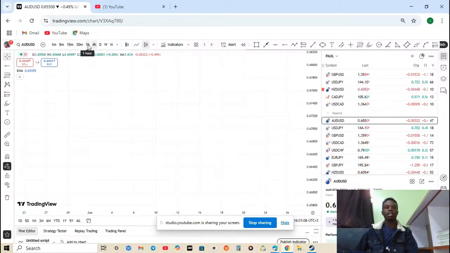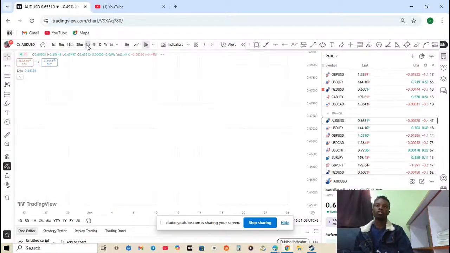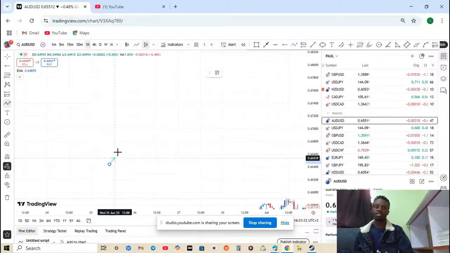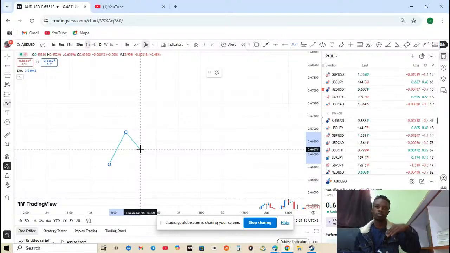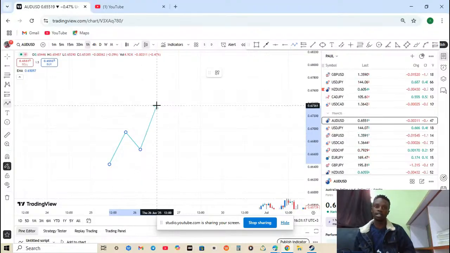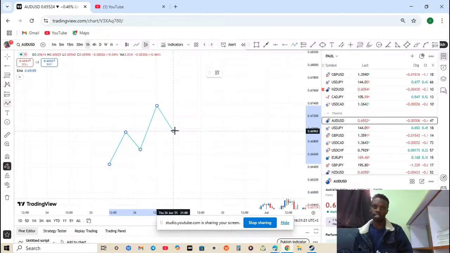After looking for that condition, I go to the 1 hour chart. In the 1 hour chart, let's assume the market is in a bullish market.